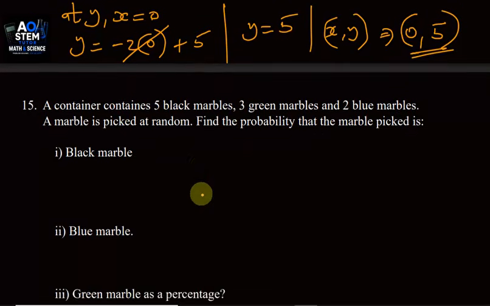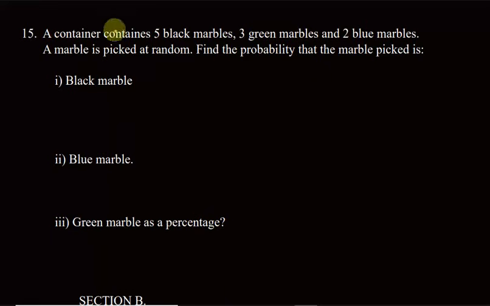Next question. Question 15. A container contains 5 black marbles, 3 green marbles, and 2 blue marbles. A marble is picked at random. Find the probability that the marble picked is a black marble. So black marble is just 5 divided by the total.